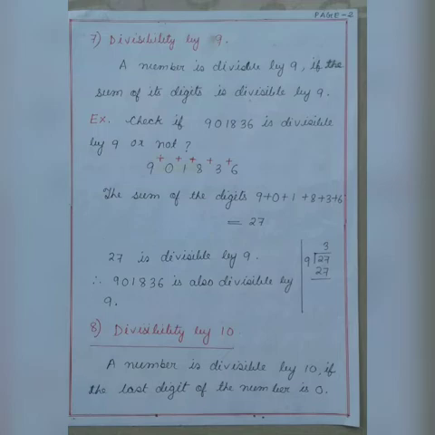I have taken one example. Check if 901836 is divisible by 9 or not. I have added the digits: 9 plus 0 plus 1 plus 8 plus 3 plus 6, which is equal to 27.